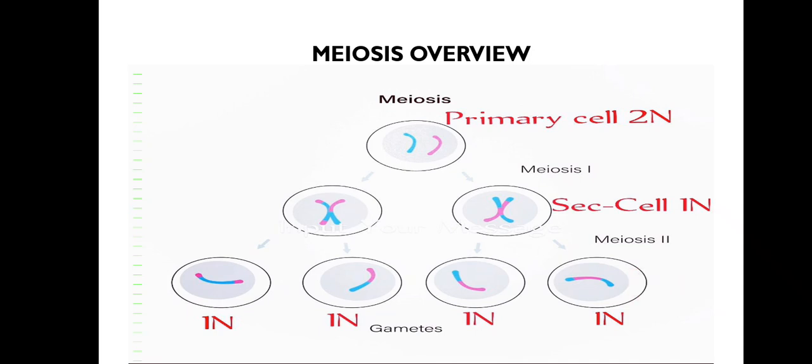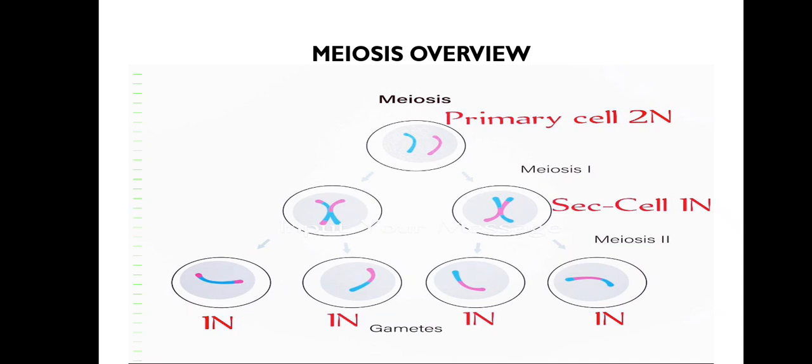So the general concept behind meiosis, in case you didn't look at it, here is what happens. You've got a primary cell in meiosis that you want to divide here. Since meiosis involves two processes, meiosis 1 and meiosis 2, we will go through those stages to produce these sex cells.